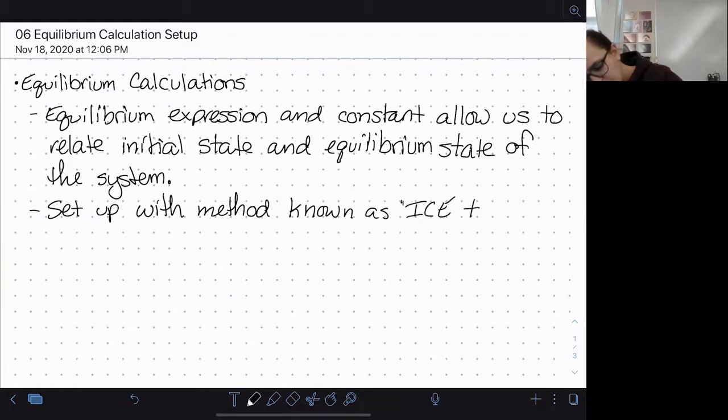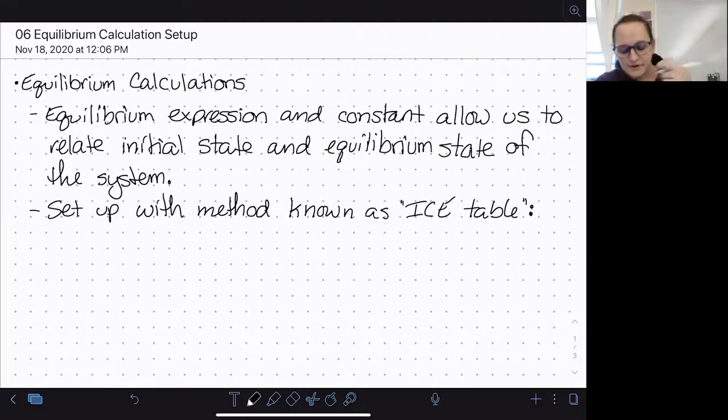When you get a lot more proficient with these types of calculations, the ICE table is not strictly necessary, but it is the most streamlined way to set things up. So for right now, I do want to see your ICE tables when you're working on these types of problems.